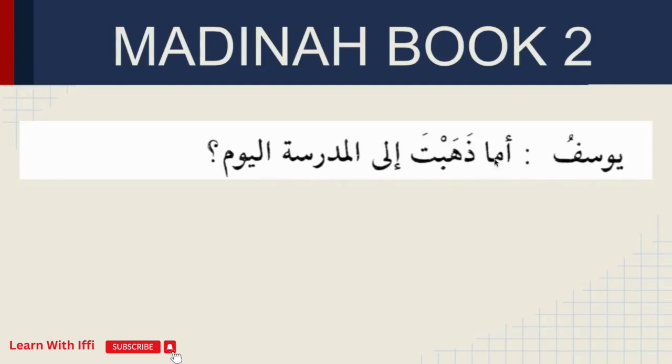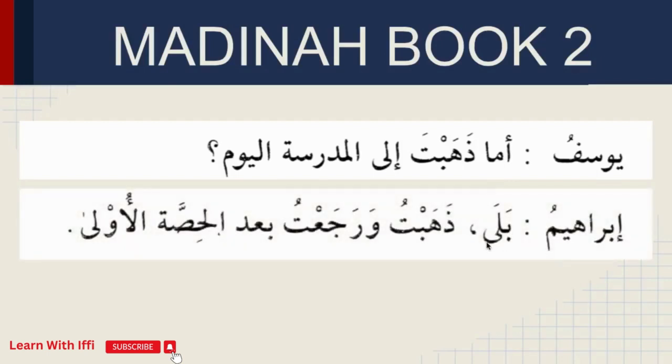The same thing when you have negation in a question, then if you want to say yes, we just don't say naam or la. So we know a has naam or la, but when you have a negation after that, then you use bala. Instead of naam, we use bala. So you say yes, indeed.